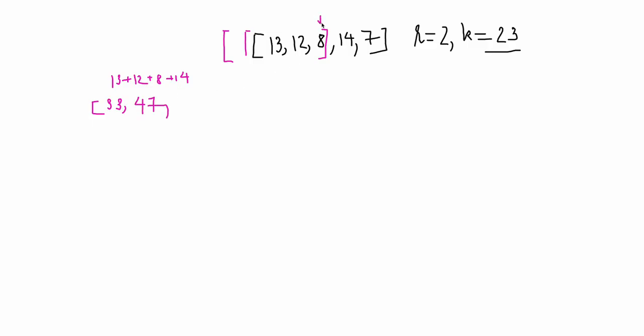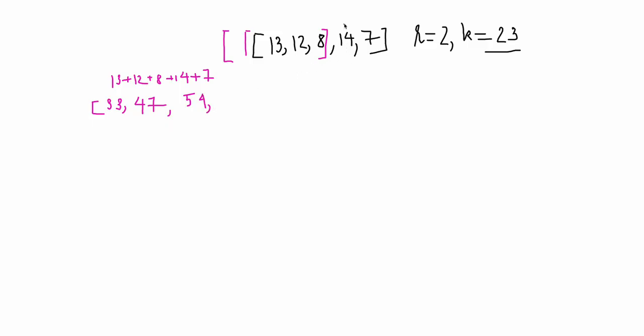Okay, for the next one we will be here, and the window will expand here, right? So what will it be? It will be plus 7, and that would be 54. And what is the next element?